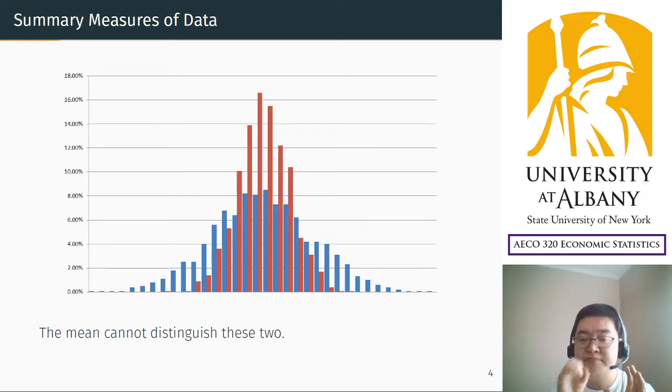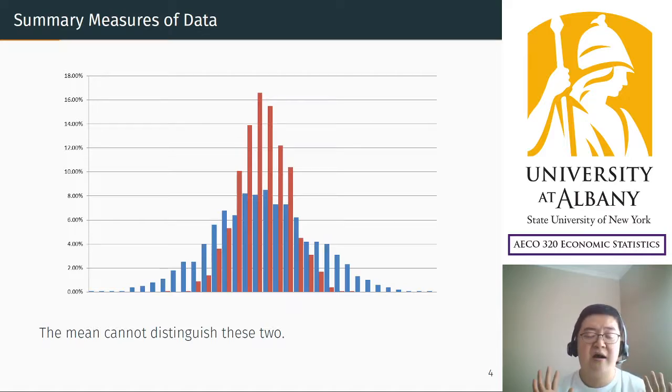That's the main difference. However, in terms of the center, both are similar. Red and blue have similar mean, somewhere here. The numbers may be different, but the difference must be very small. What matters here is not the center, but the spread, dispersion, or variability. The blue observations are more spread out than the red, or the red is more concentrated than the blue.